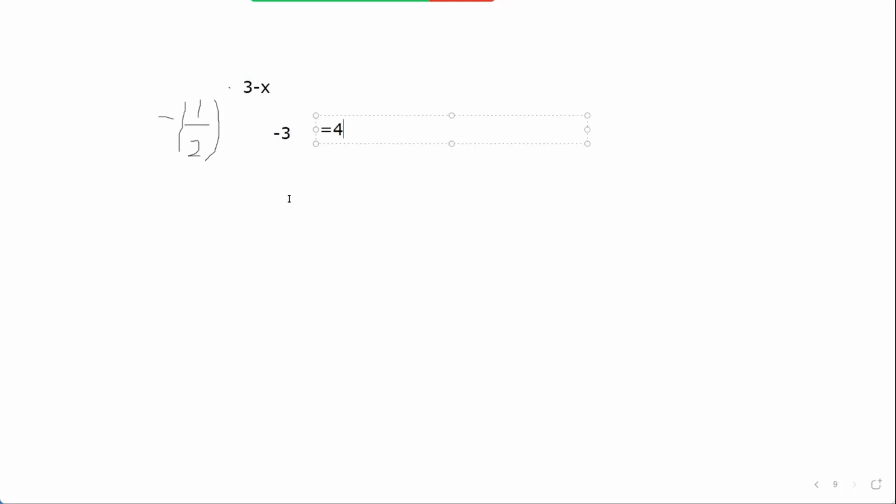Now, she got this solution x is equal to 3, right? But she did some work on this, remember? I think, oh, this is supposed to be, my apologies, I made an error here. This is supposed to equal -4, right?